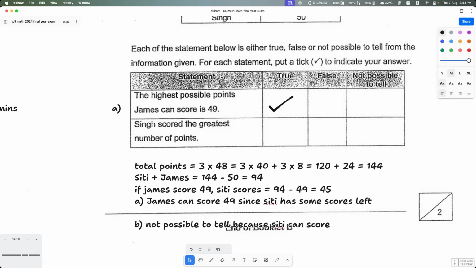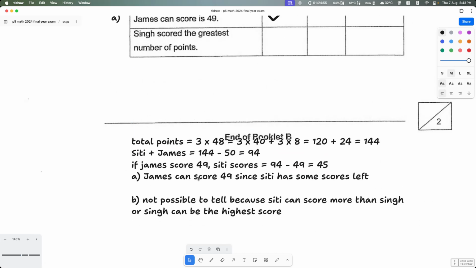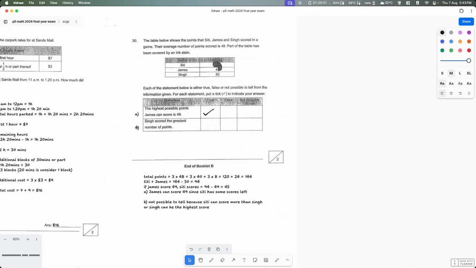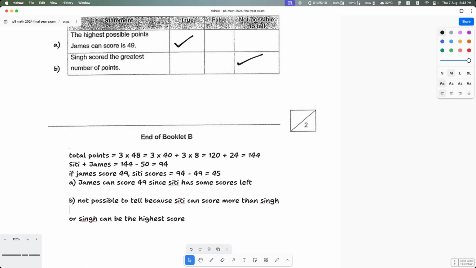CT can score more than Singh, or Singh can be the highest score in this case over here, right? Let me just put it like this. So because CT can score more than Singh, if James is equal to 40, then CT is equal to 94 minus 40, which is 54, right?